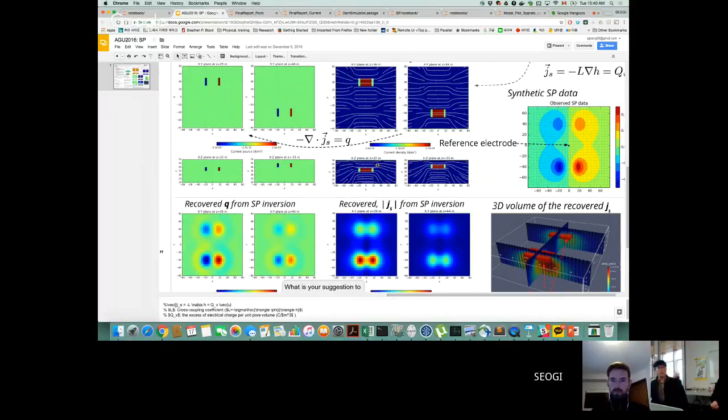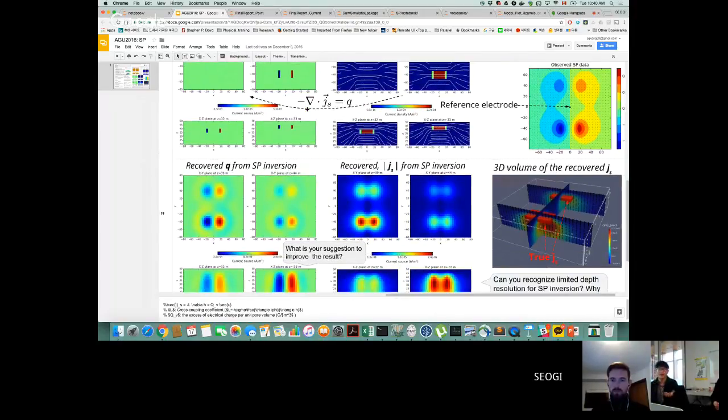If you think of all of these on the surfaces, then you're actually finding where your source is. The resolution might not be very high in terms of depth because your excitation is so simple, similar to mag or gravity.